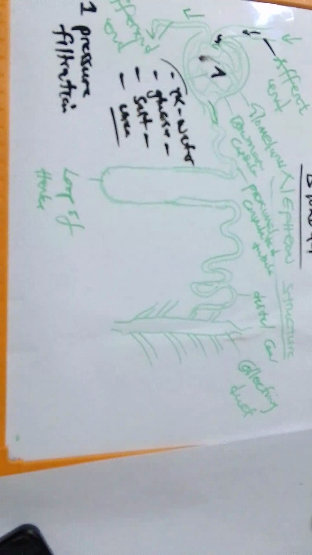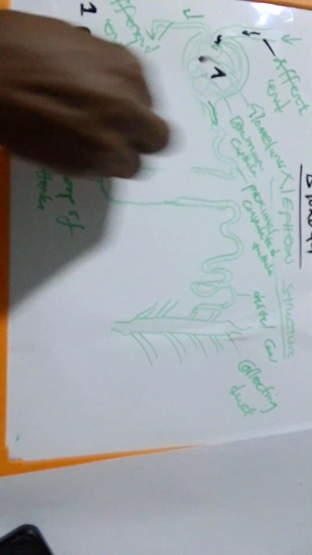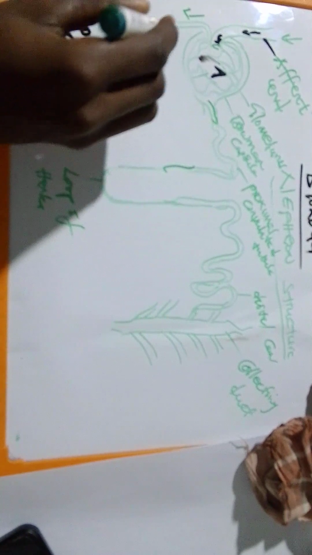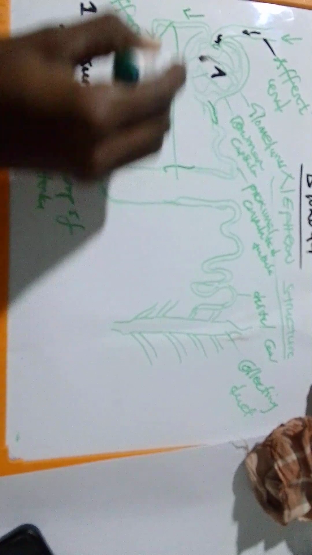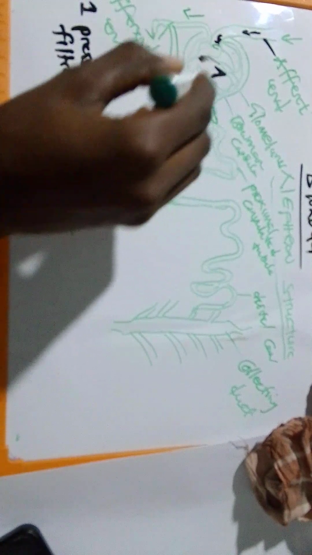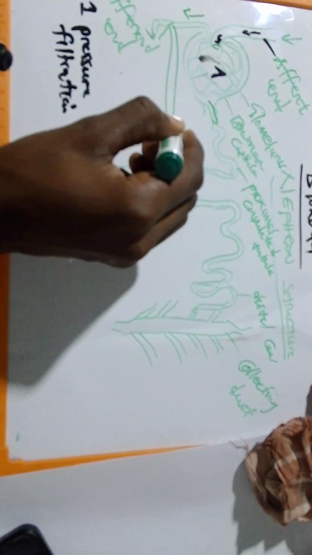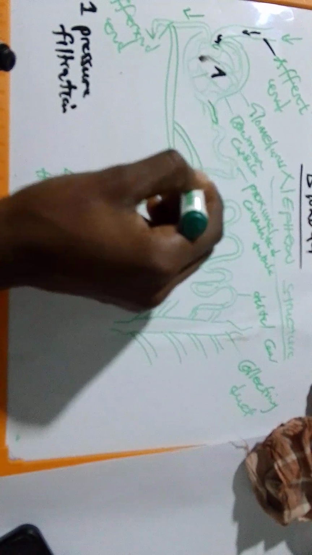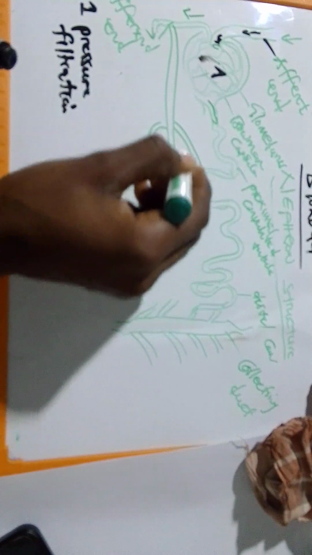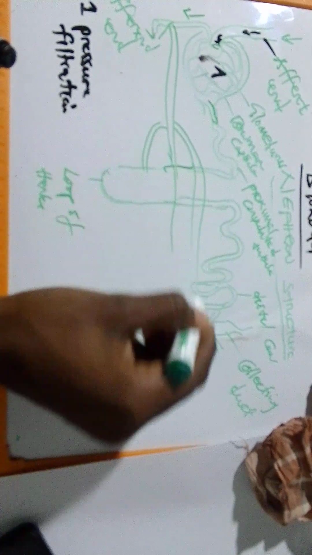So from here now, you'll find that this part needs to come here, so it's now forming the capillary. So these capillaries are passing here. Okay, something like this.